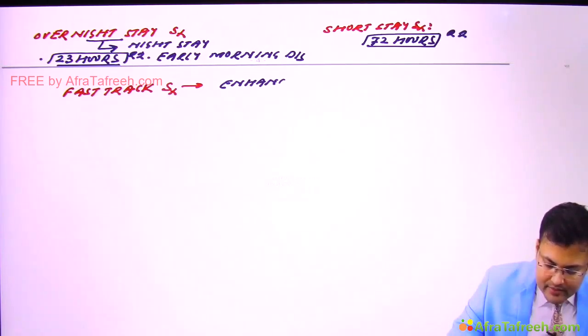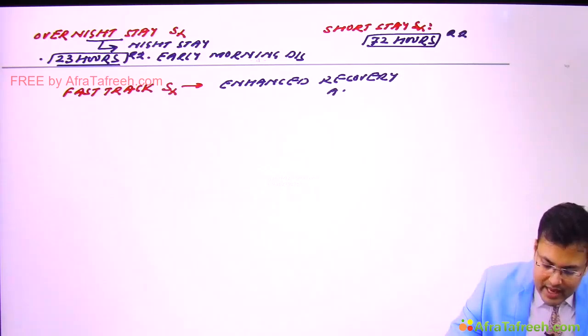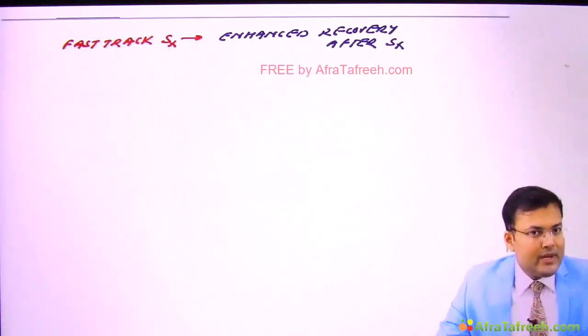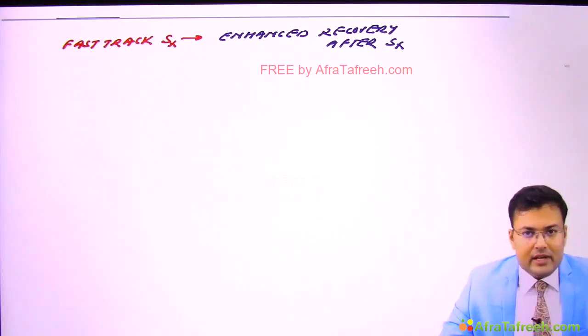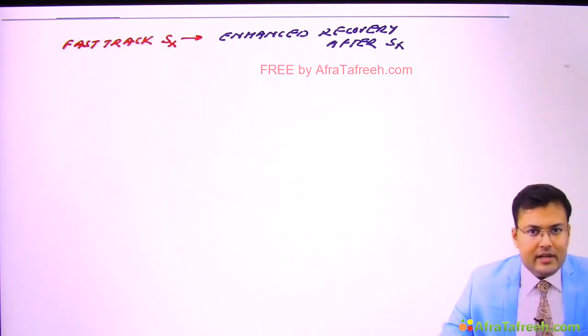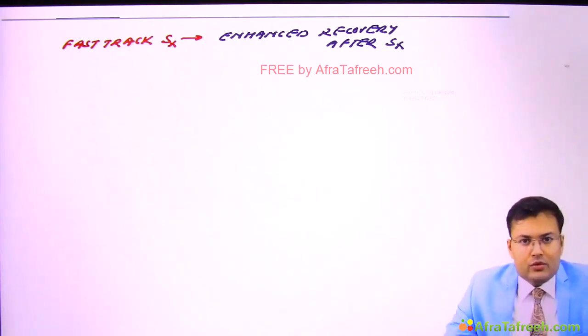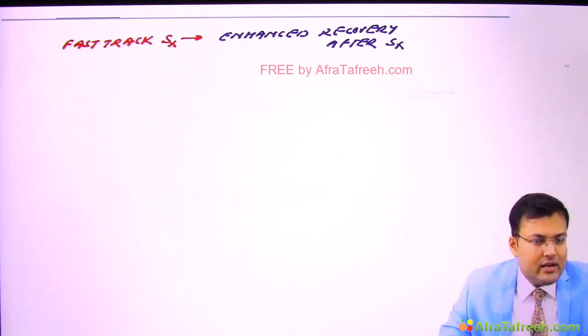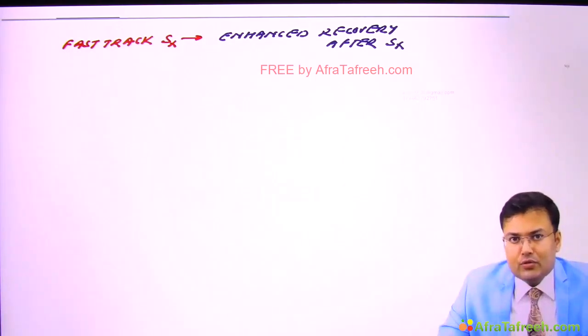So it is self-explanatory that in fast track surgery there should be enhanced recovery after surgery. In this what we do basically, there is coordinated perioperative approach to reduce the surgical stress so that it is going to facilitate the post-operative recovery.